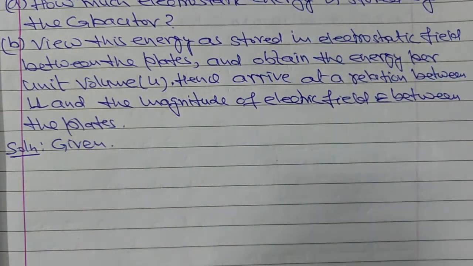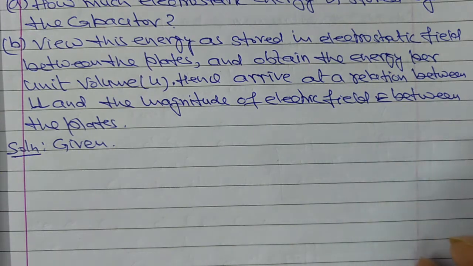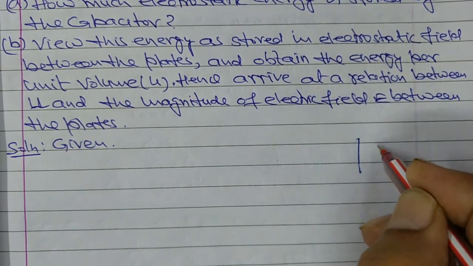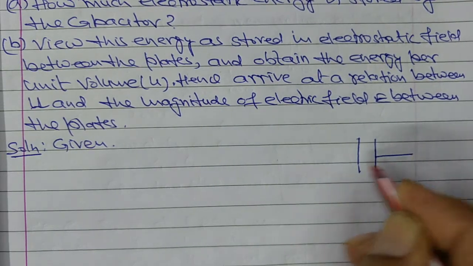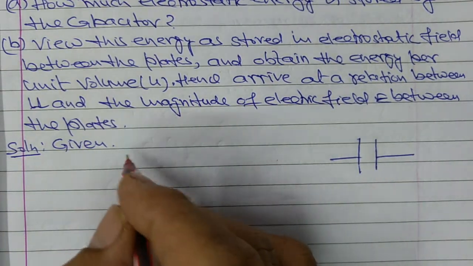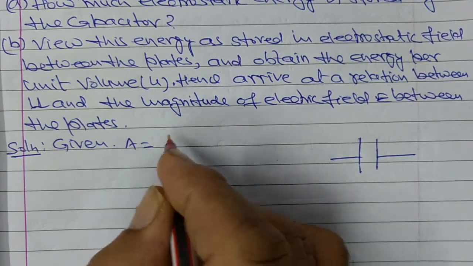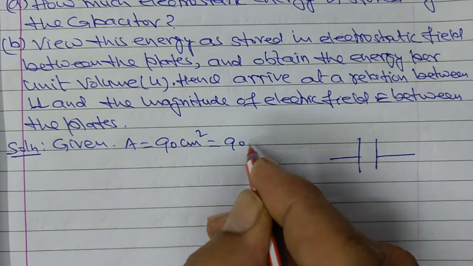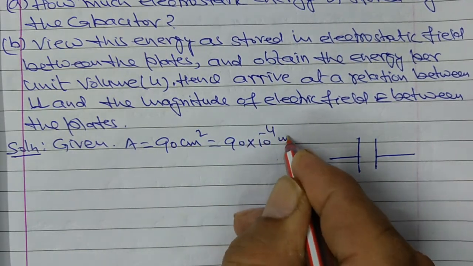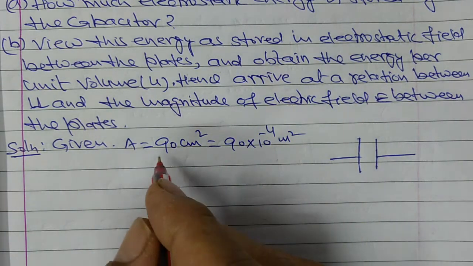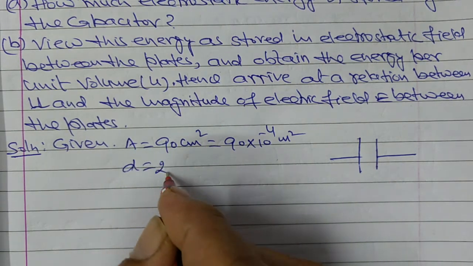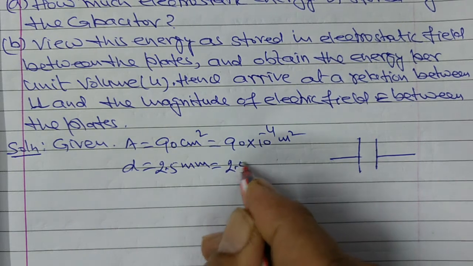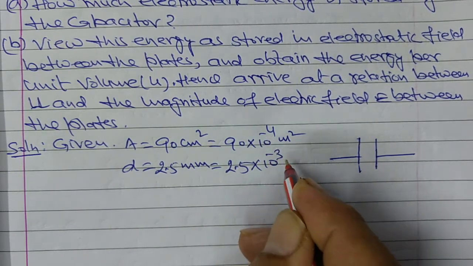In this question, given a parallel plate capacitor, the area of each plate, capital A, is equal to 90 centimeter square, which is 90 into 10 to the power minus 4 meter square, and the separation between the plates is 2.5 millimeter, which is 2.5 into 10 to the power minus 3 meter.